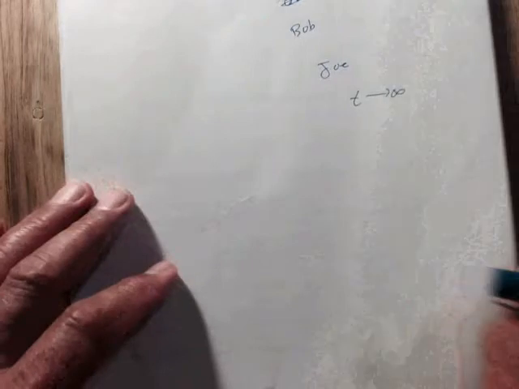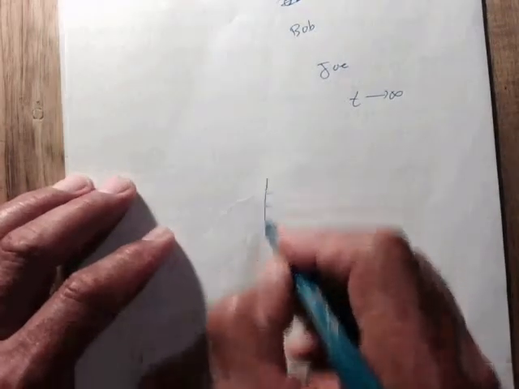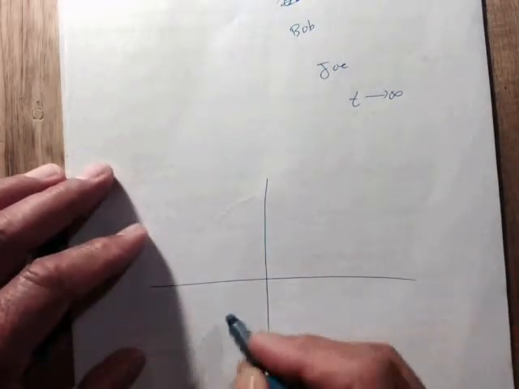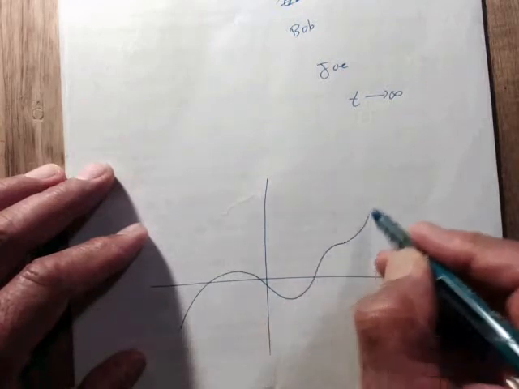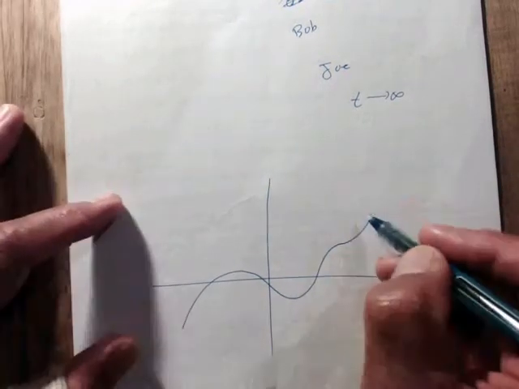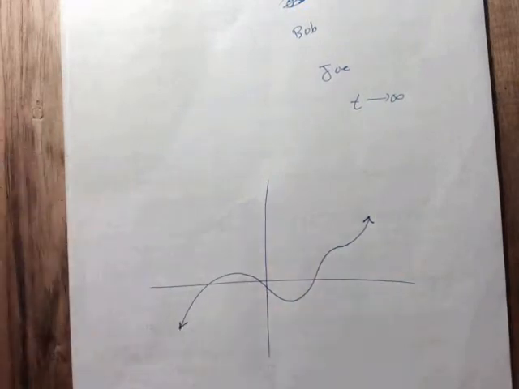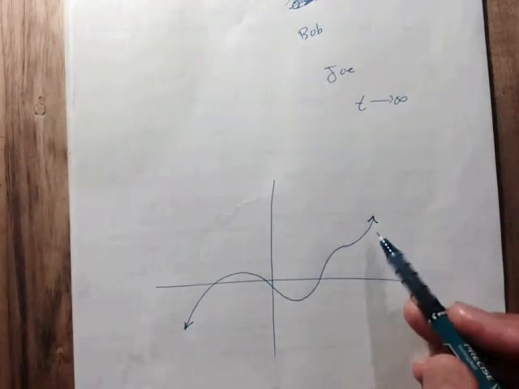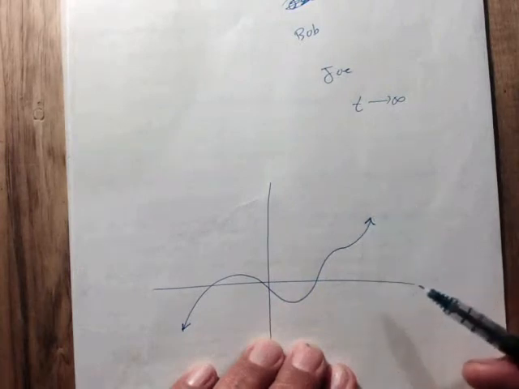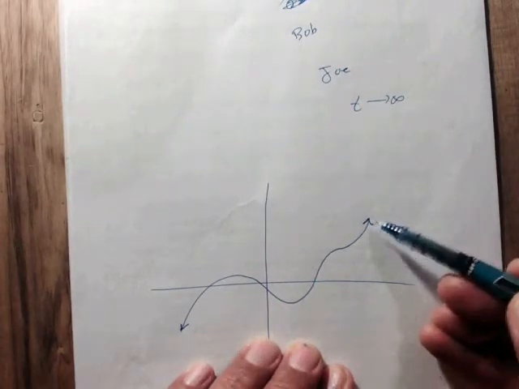The idea is this. Let me go back to a function, then go back to Bob and Joe in just a second. If we have a function here that goes up and down, and then sometimes I put an arrow here. The question is, what happens if this arrow goes forever? Because it goes to infinity.